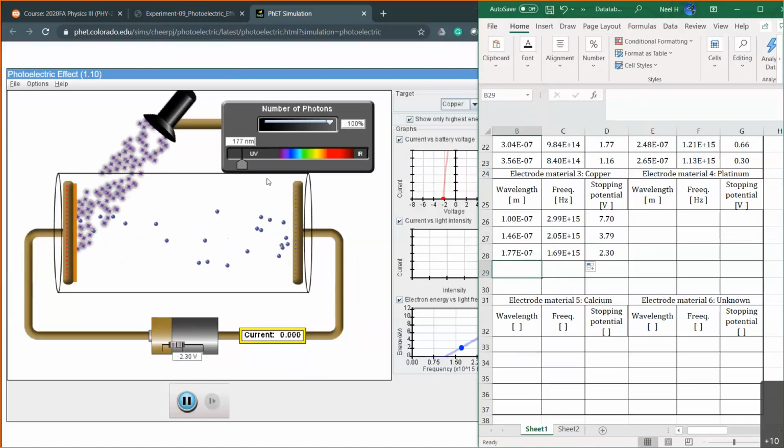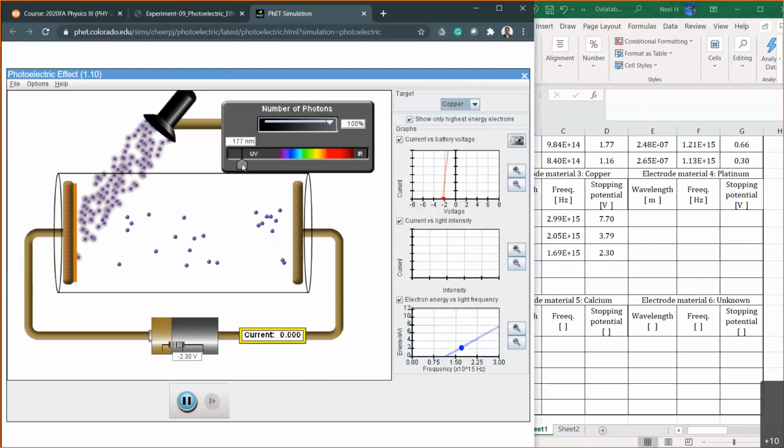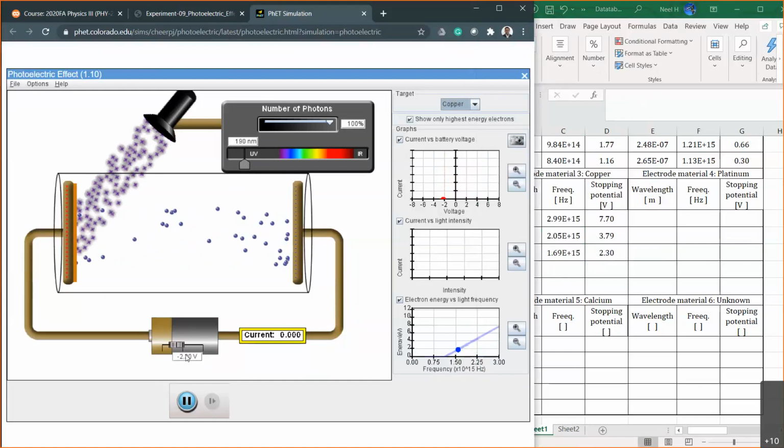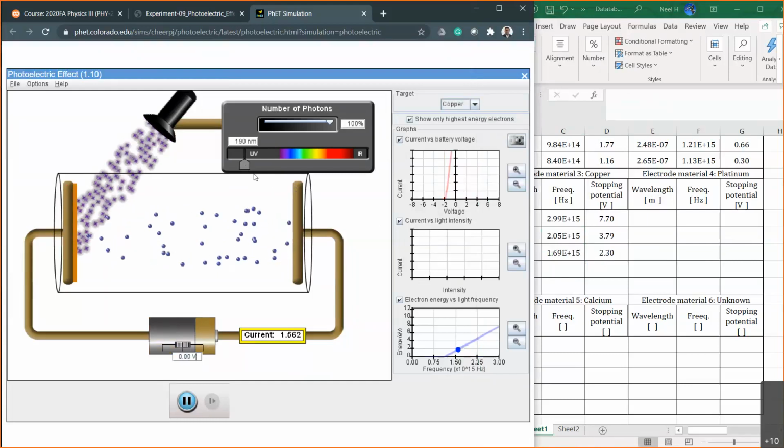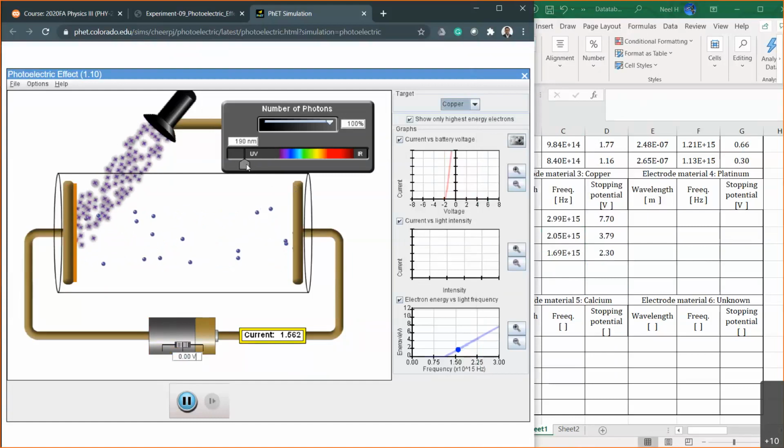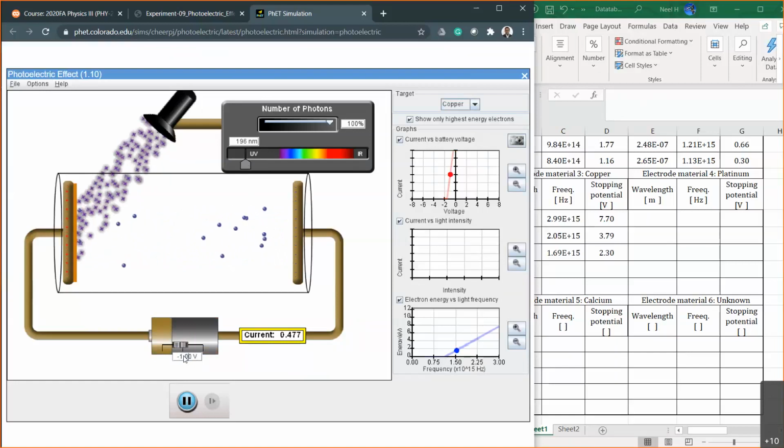Let's do 2 more data points. We can go all the way to 250, the highest you saw earlier. Let's try around like 200. Check the current, it should be a different number. As long as it is a different number from previous, we are fine. We can try even 190. Let's try about 196. -2 reverse potential, already too high. -1, let's try 1.5 reverse potential, 1.6, 1.7, which means let's try 1.65.